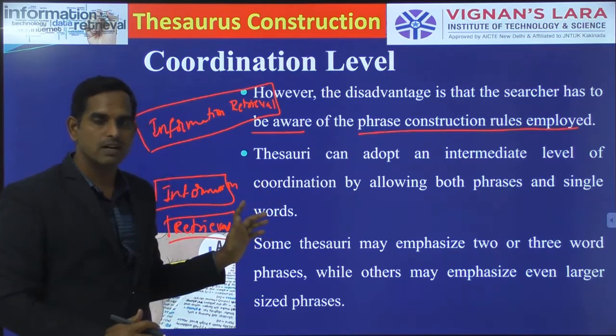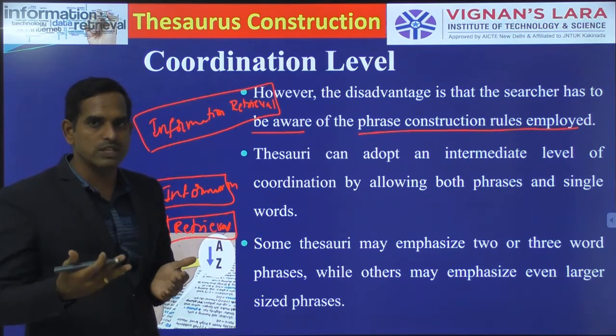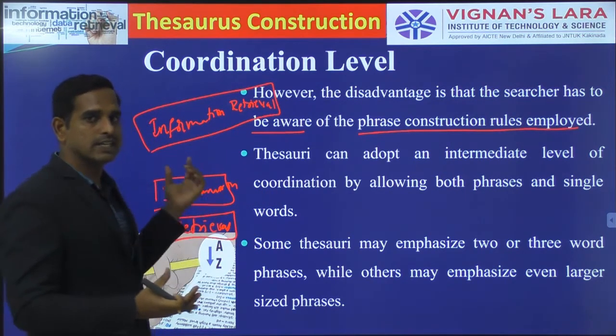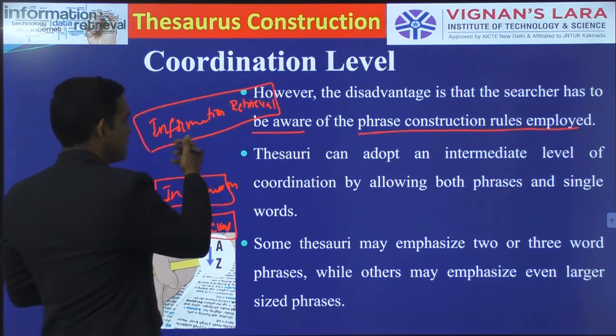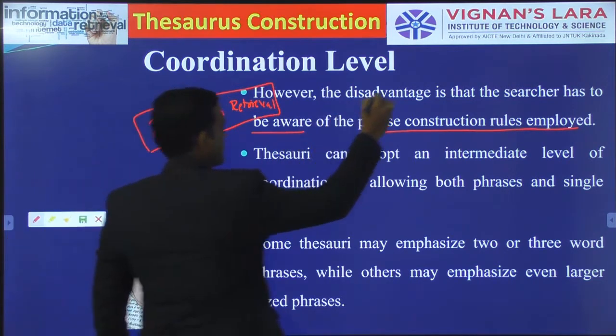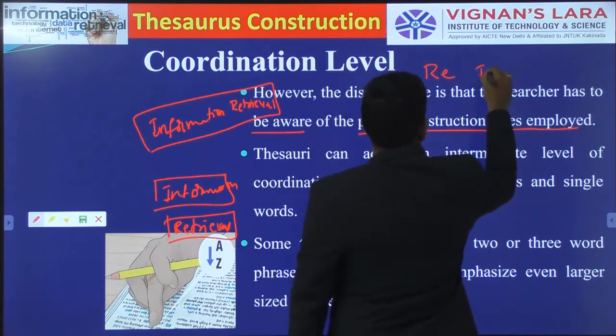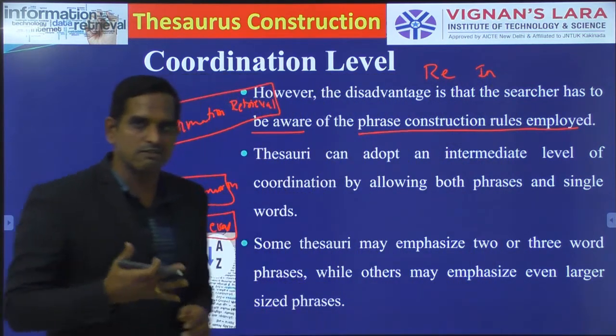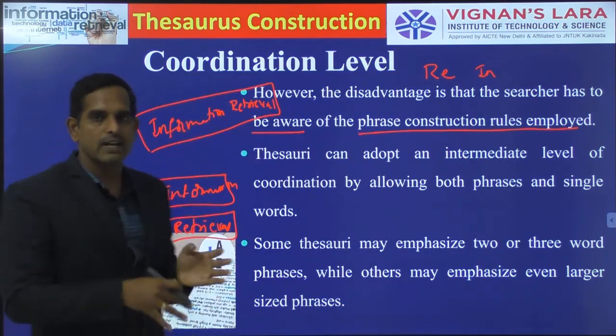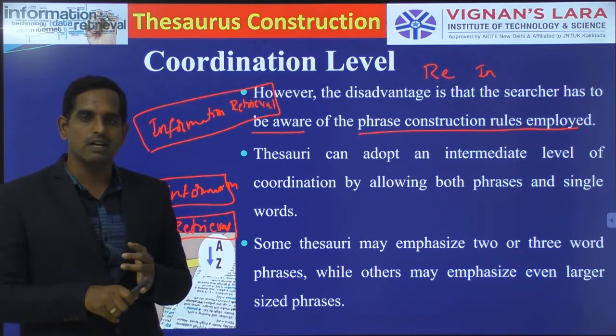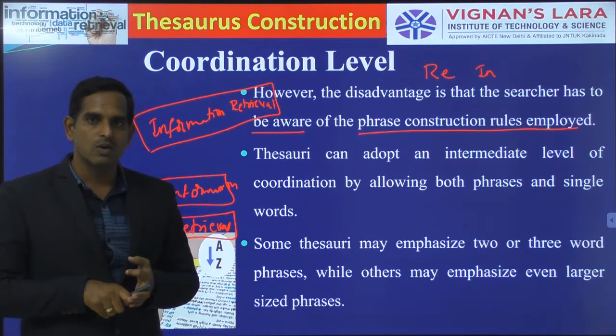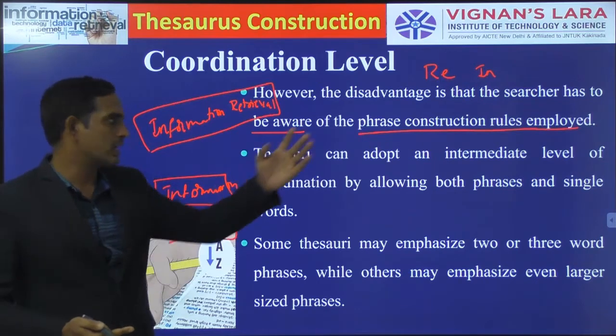At that time, if I try to search with a query like retrieval information, your system will not give you a result regarding either information or retrieval or information retrieval.